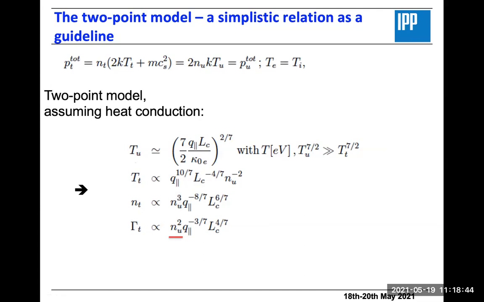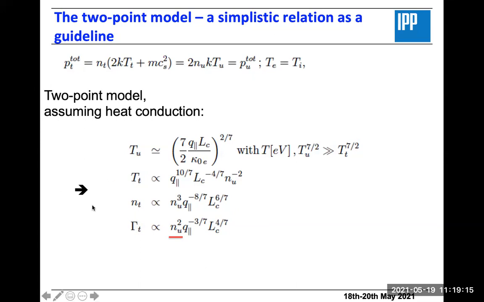What does this mean for recombination? This means high density upstream, so also high plasma pressure, is beneficial to trigger recombination processes, because the target density, which is important because it's a three-body recombination process, so it depends a lot on the density of the ions and the electrons, goes with the cube of the upstream density.